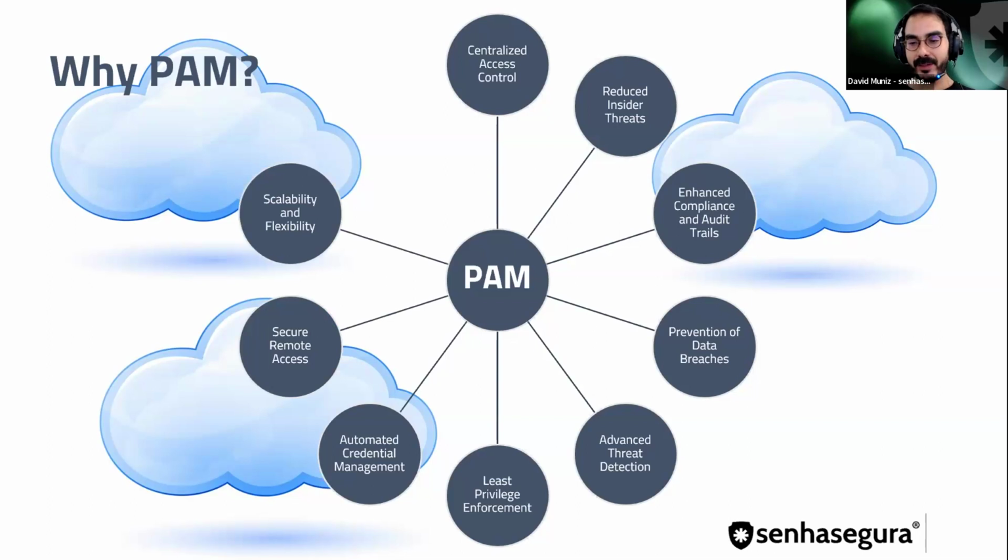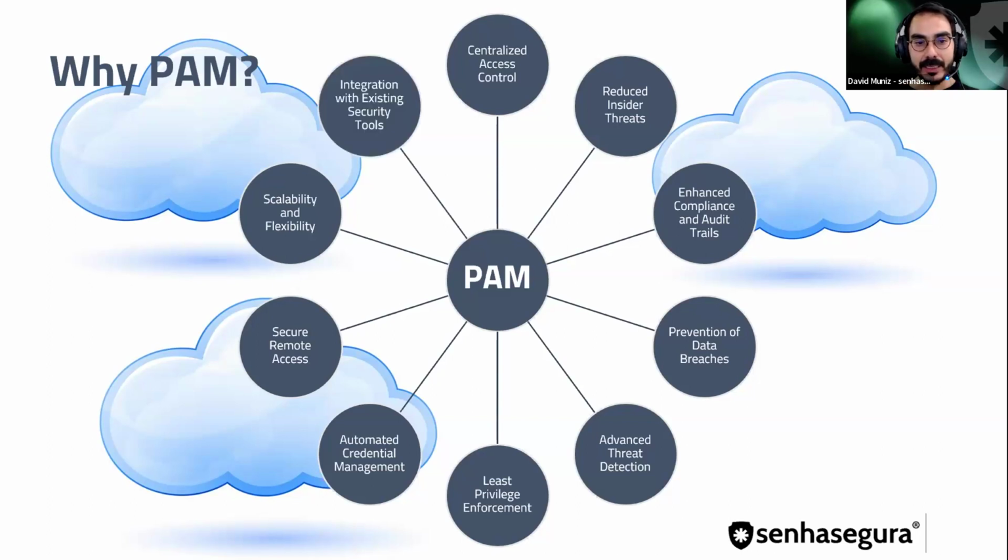We also have scalability and flexibility. Using a PAM helps you scale with cloud environments, providing security that adapts to the way business changes very frequently, and the way people operate also changes very frequently. So a PAM solution adapts to these changing needs and growing infrastructure.